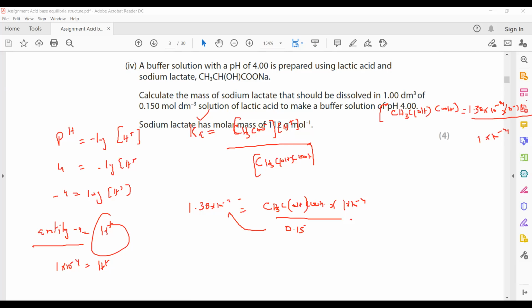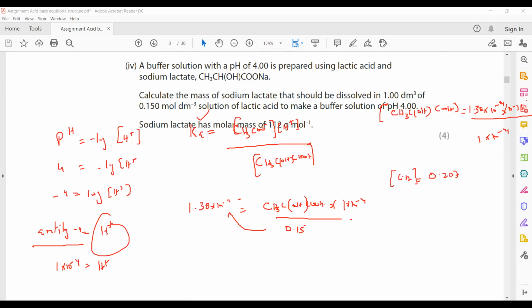What's the final answer for this concentration? 0.207. So the concentration of the lactate ion is 0.207.